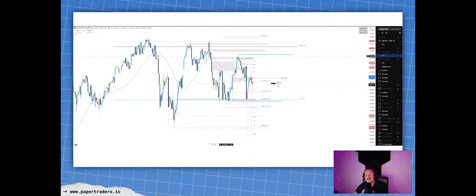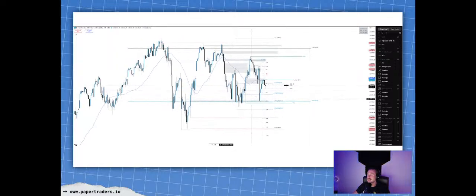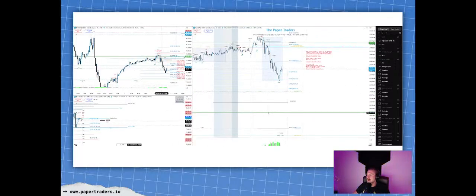The May candle 50% over here at 29,310. You can see how many times we've bounced off that area, 29,310.